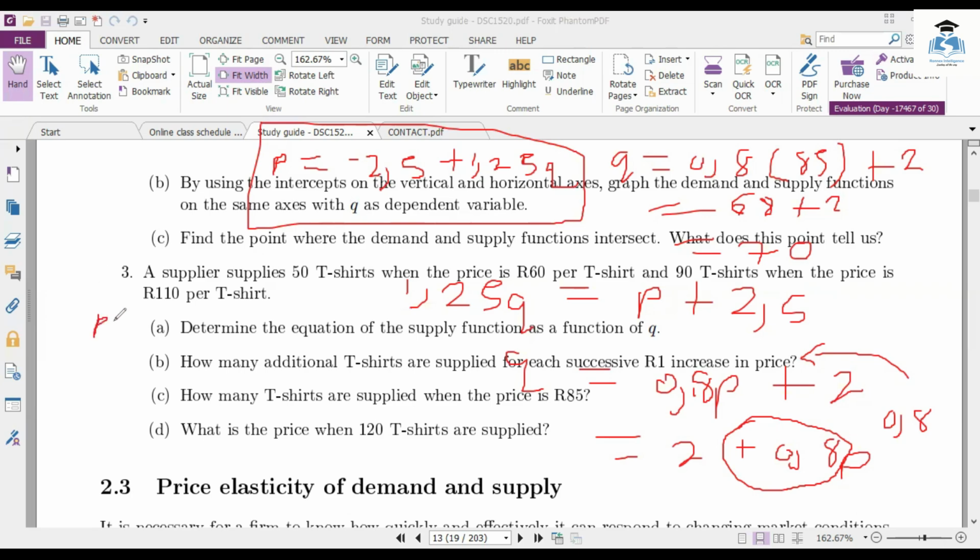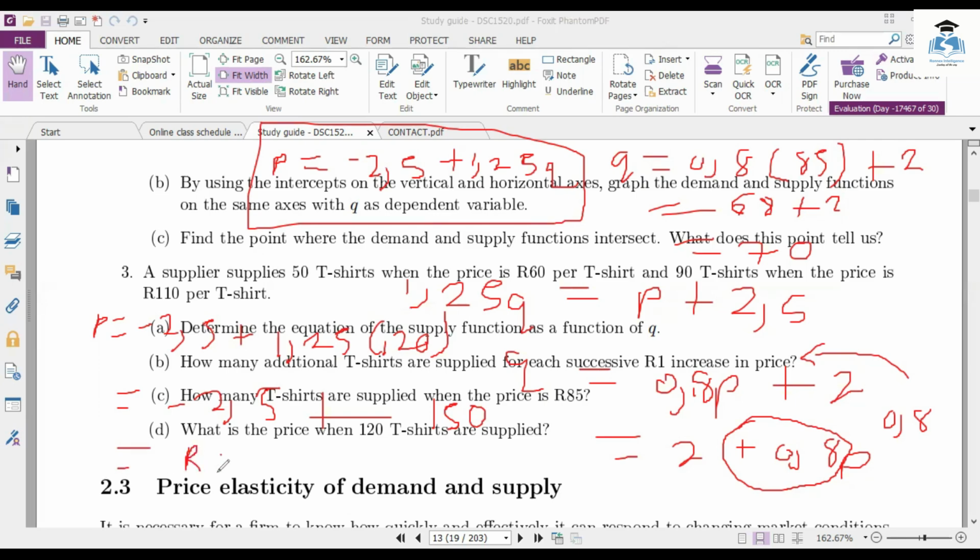So P is equal to minus 2.5 plus 1.25 times 120. 1.25 times 120 is 150, then minus this 2.5, which is equal to 147.5.